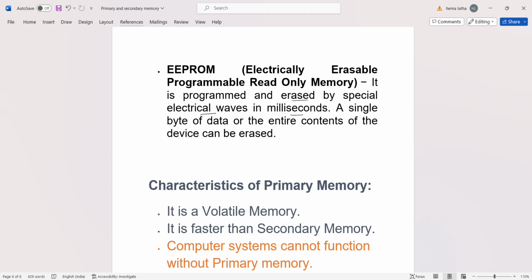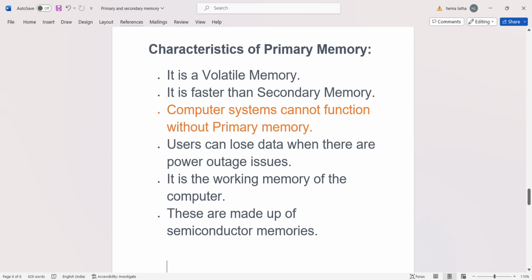Now we are going to discuss the characteristics of primary memory. All this information we have already discussed, just have a look at that. It is volatile memory. If the power is switched off, the information will be lost, and it is faster than the secondary memory. The main function, which is very important, is that without primary memory the computer system will not function.